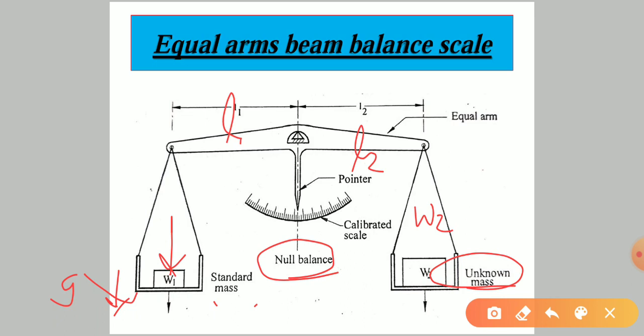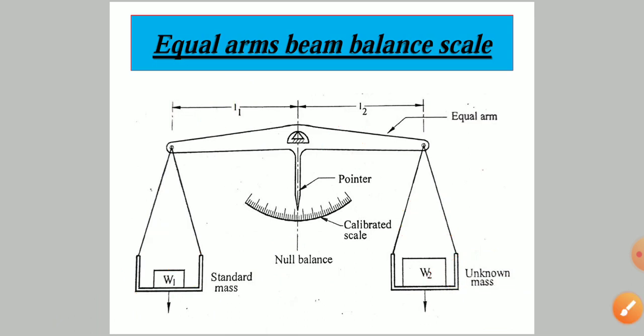Here the lengths of arms 1 and 2 should be equal, so both weights W1 and W2 will be equal, and only then can we get the null balance. This type of instrument is widely used in physics and chemistry laboratories to measure unknown weight.